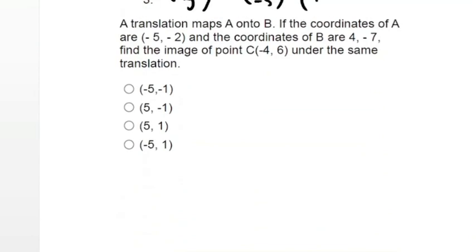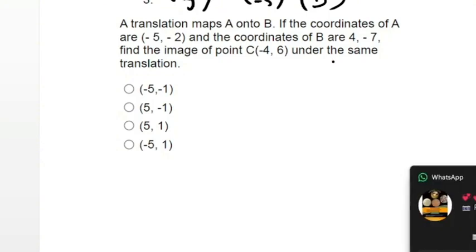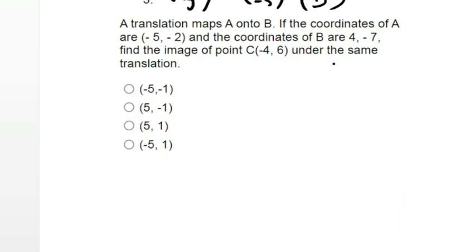Then number 3. A translation maps A onto B if the coordinates of A are -5, -2 and B are 4, -7. Find the image of C under the same translation.